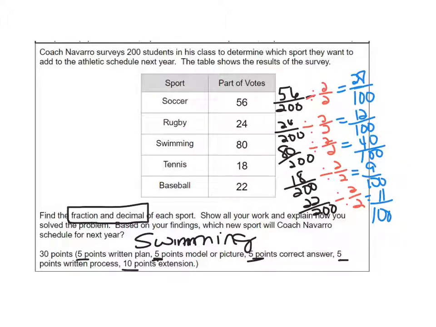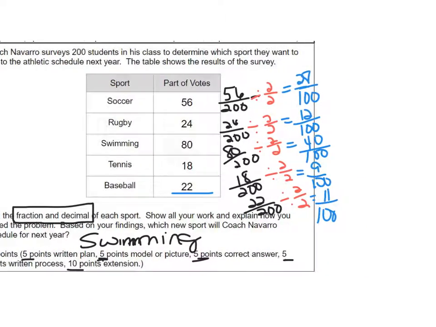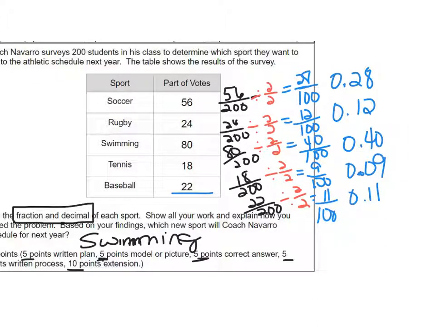Now, once you had that, then you could have written it as a decimal. So I'm going to go ahead and move this aside a little bit. And then this would have been 28 hundredths, 12 hundredths, 4 tenths or 40 hundredths. A lot of you made a mistake and put 9 tenths instead of 9 hundredths, and then 11 hundredths.